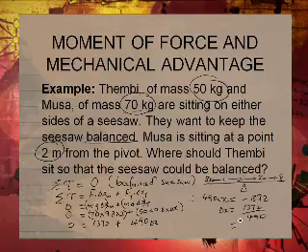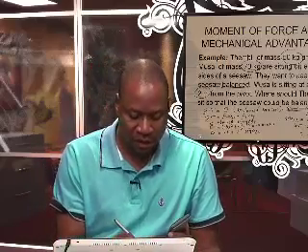And the answer is 2.8 meters. But remember, this is minus, so this is minus 2.8 meters. This means Tembi has to be 2.8 meters on the other side. The negative sign just simply tells you on the other side of the seesaw.